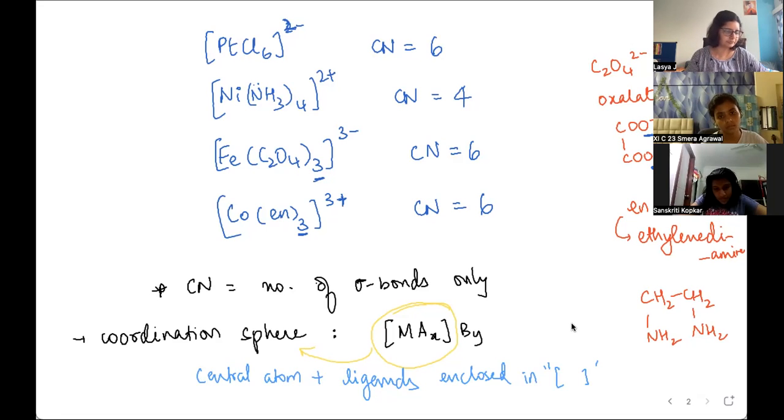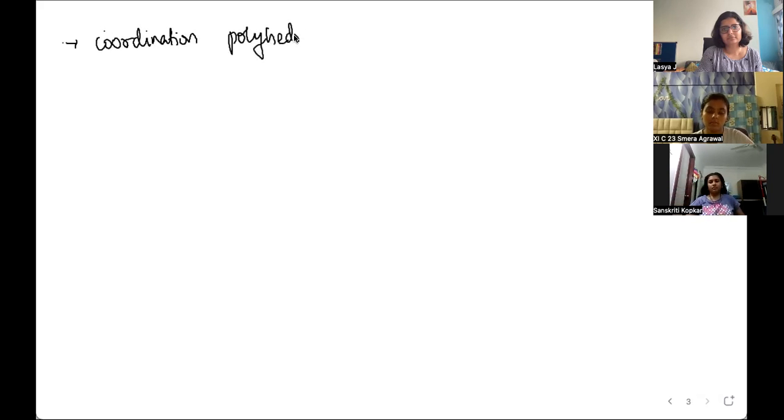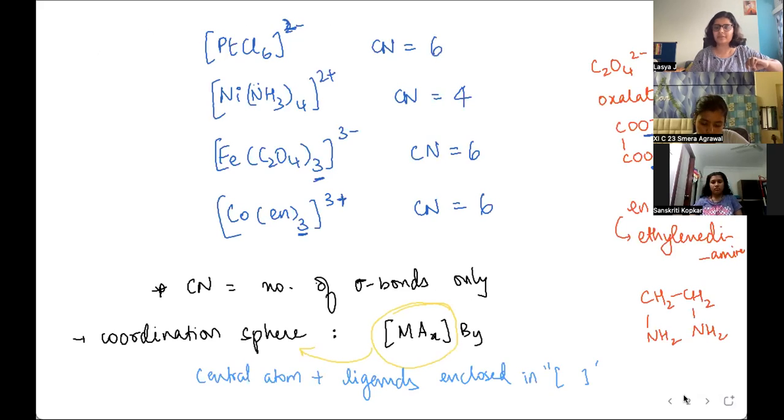Then we have three more. That's it, almost. Sanskriti, done. Yes, ma'am. Then we have coordination polyhedra. Coordination sphere is what we talk about when you write it as a formula.